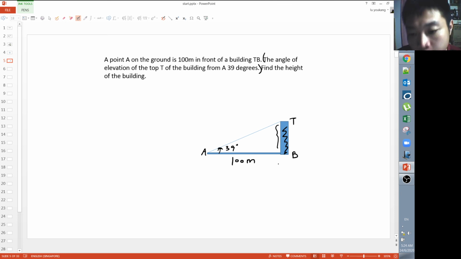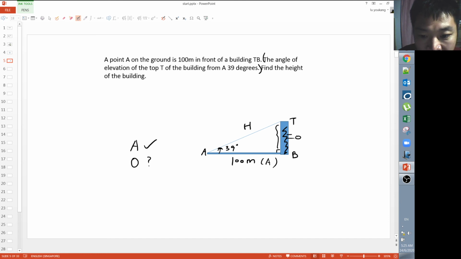By the way, this is a right angle triangle once again. So for this right angle triangle ATB, what do you have? If this is the angle of elevation, this should be your opposite side, and this is your H, therefore this is the adjacent. You have your A, and you are asked to find your O, and you have your angle of elevation here.